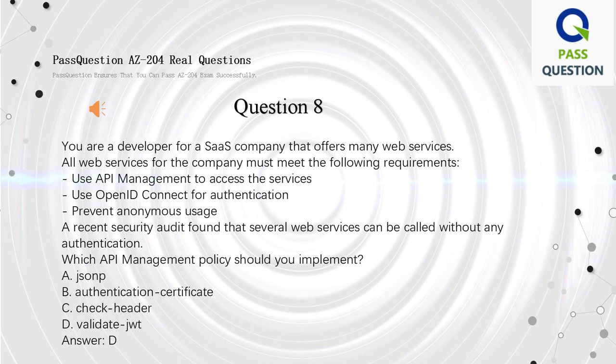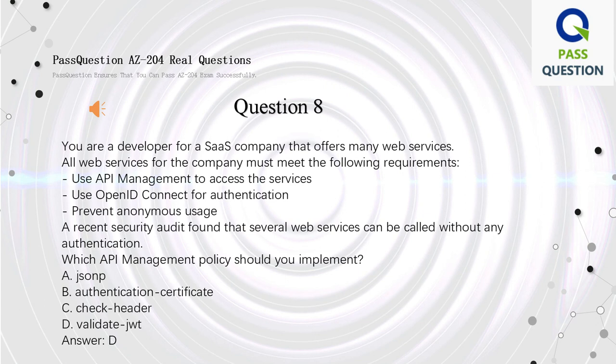Question 8. You are a developer for a SaaS company that offers many web services. All web services for the company must meet the following requirements. Use API Management to access the services. Use OpenID Connect for authentication. Prevent anonymous usage.